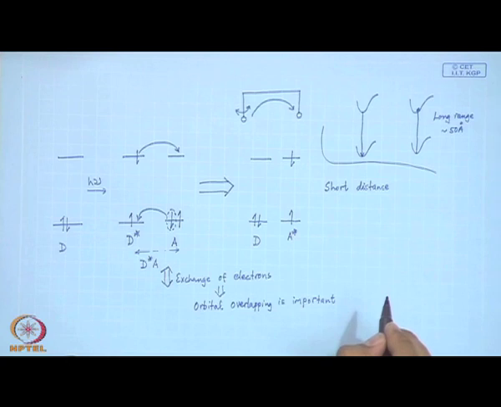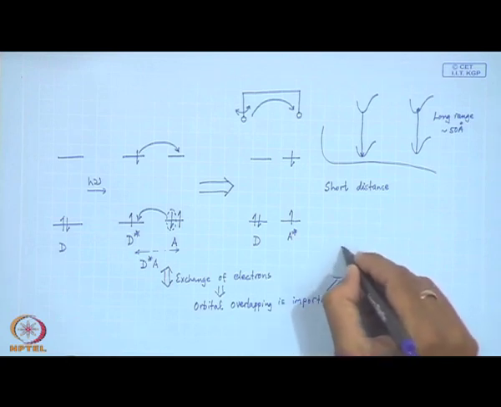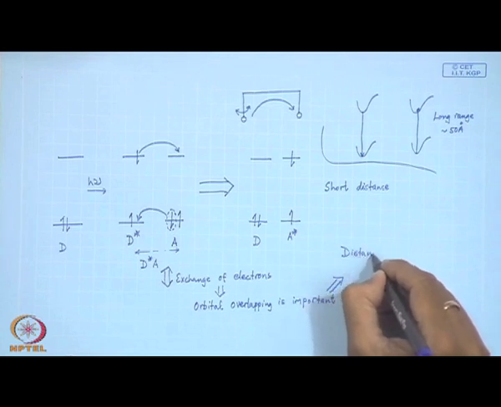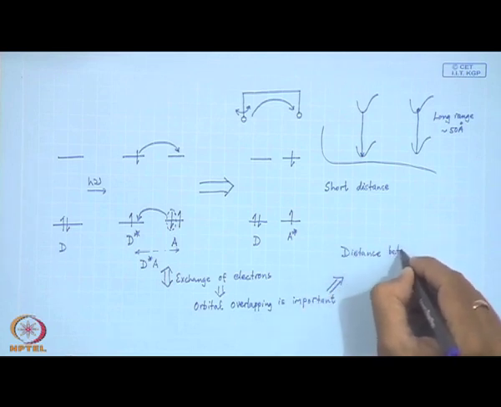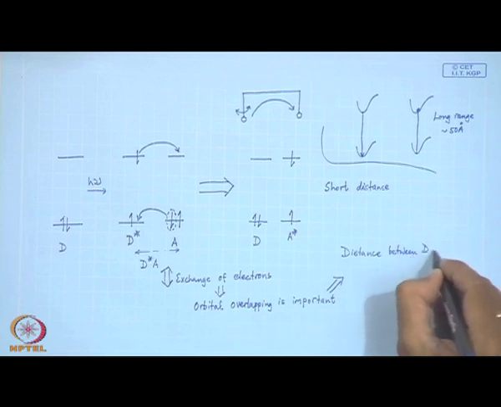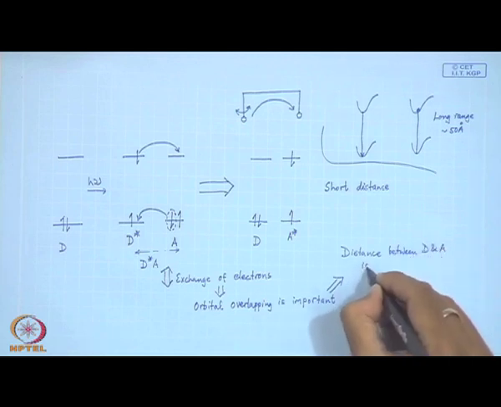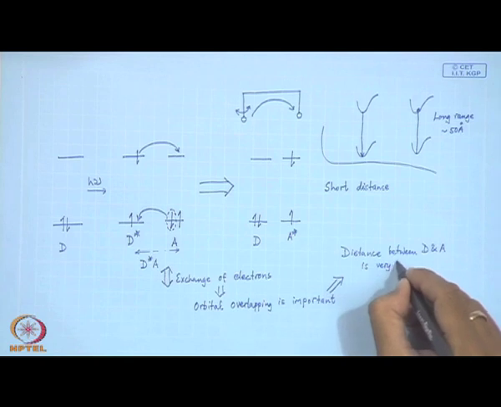So, if overlapping is important, that means the distance between D and A is very important.